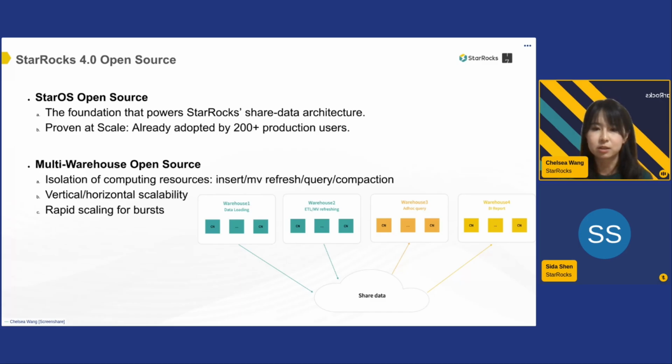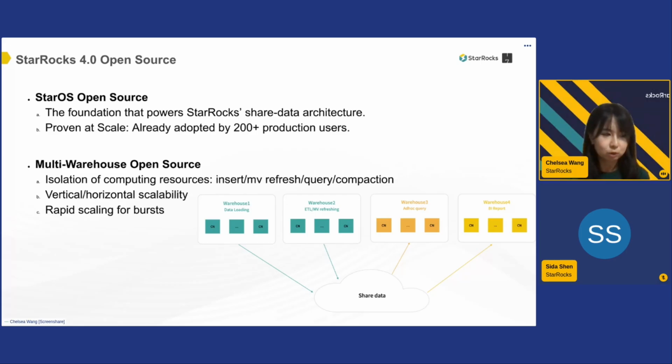And the second is a new feature for the community, the multi-warehouse architecture. So with multi-warehouse, you can group several nodes together as a warehouse, and you can have multiple warehouses in one cluster. The different warehouses are physically isolated from each other.